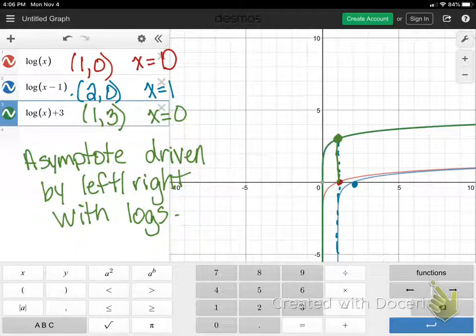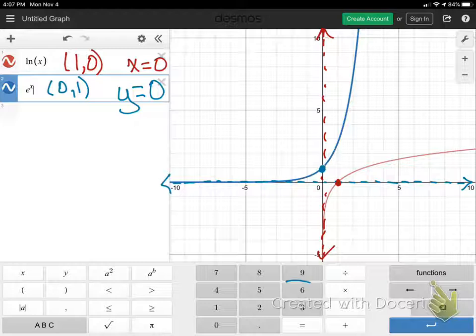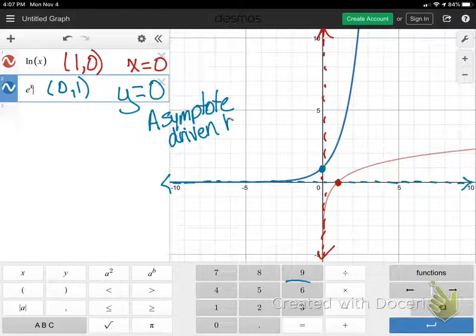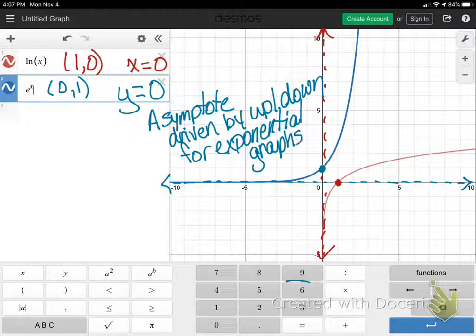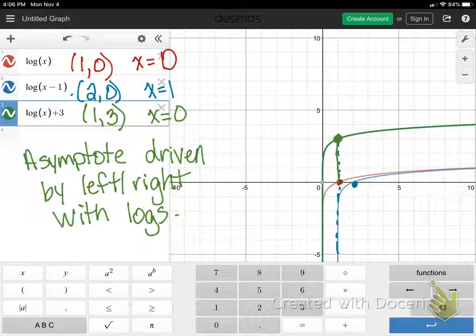When you're talking about an exponential function, so this one, e to the x, my asymptote, I'm going to write this here, asymptote driven by up-down movement for exponential graphs. For logarithmic graphs, the left to right movement drives it.